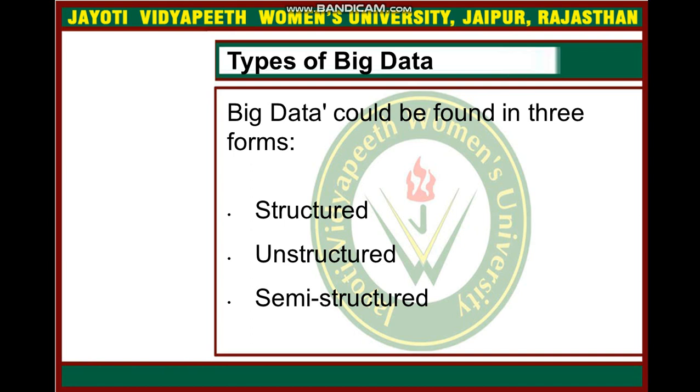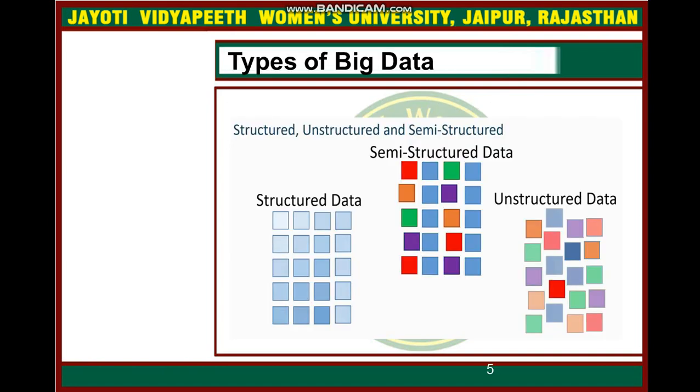Now come to the types of big data. There are basically three types of data behind big data: structured, semi-structured and unstructured, which is shown in this figure. Let me explain one by one. By structured data we mean data that can be processed, stored and retrieved in a fixed format.